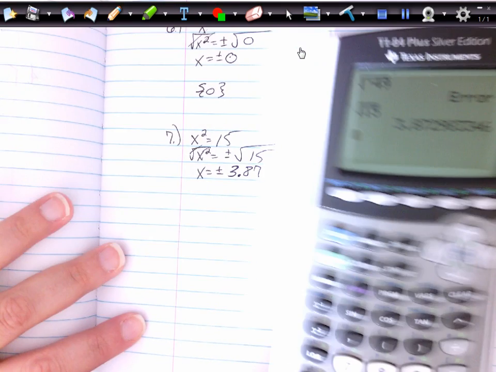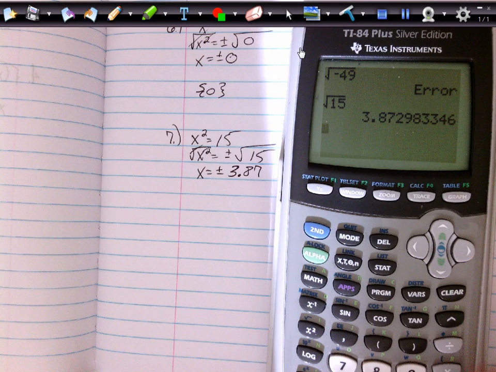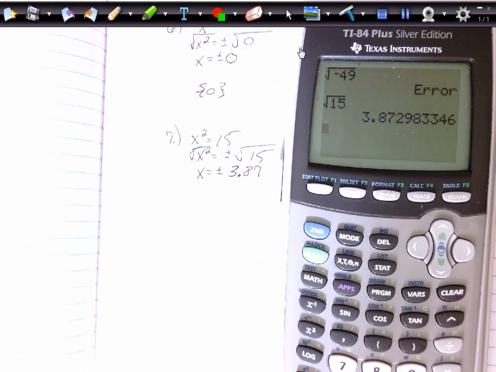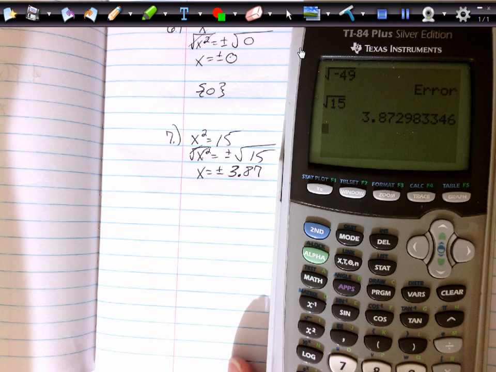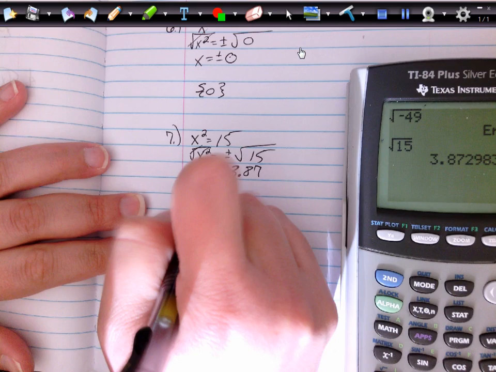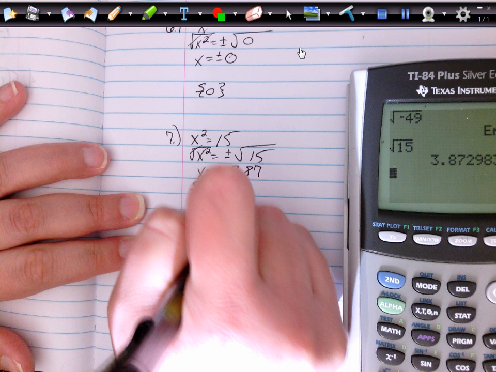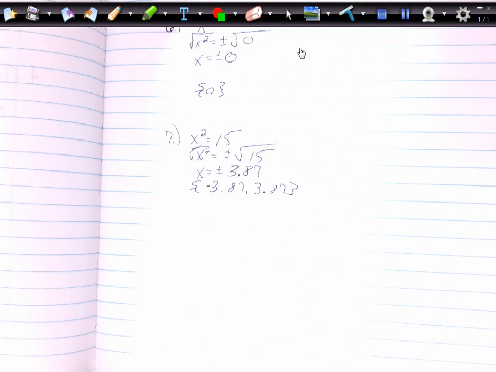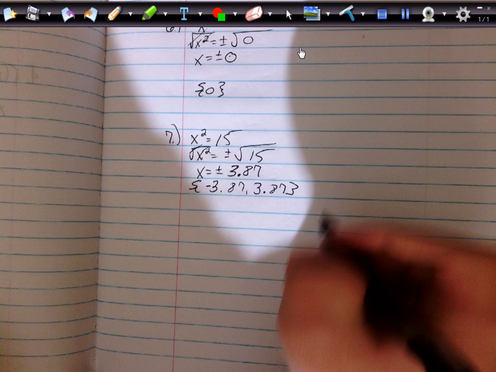If I'm rounding to the hundredth, that means 2 decimal places. So I'm looking at that third one, that 2, which means that 7 is going to stay a 7. It's not going to go to an 8. So we're going to write our answer in our squigglies as negative 3.87 and positive 3.87.